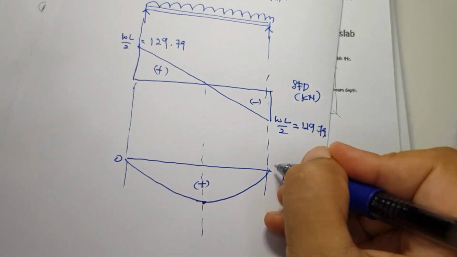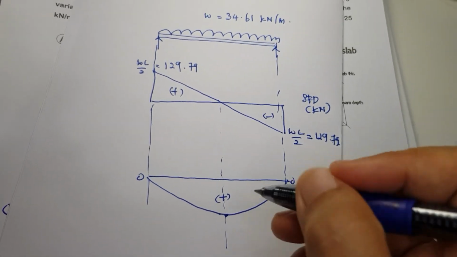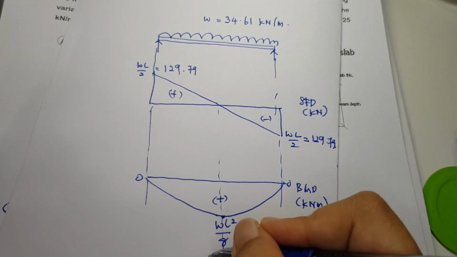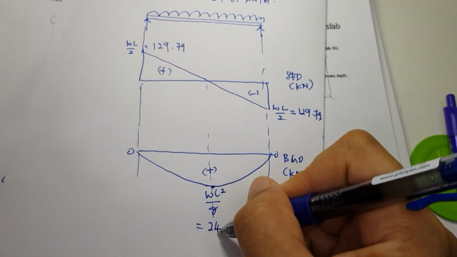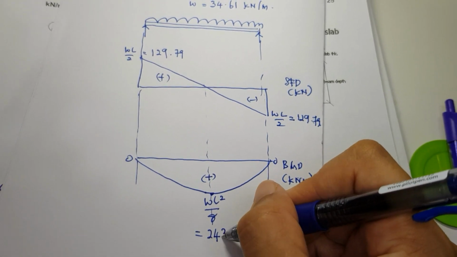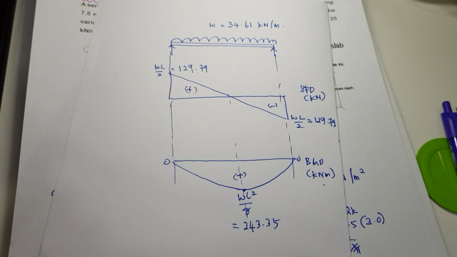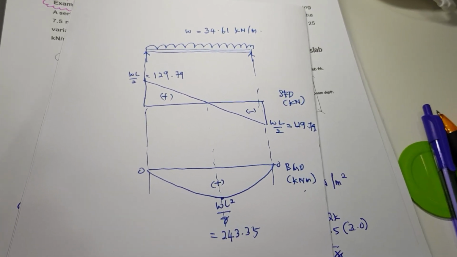So here is 0 at support for simply supported beam. And our value here is WL power of 2 divided by 8, and the value is 243.35 kilonewton meter. We have solved this problem. Thank you.